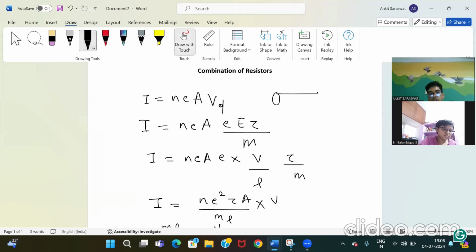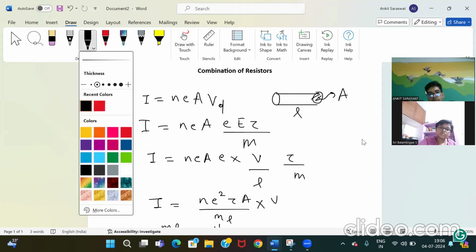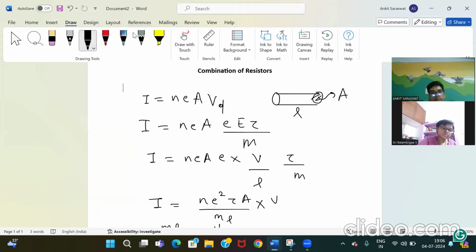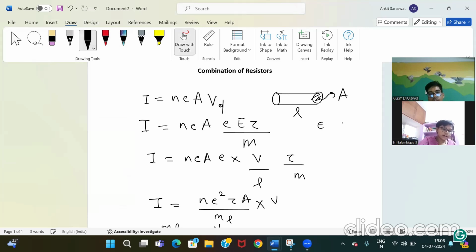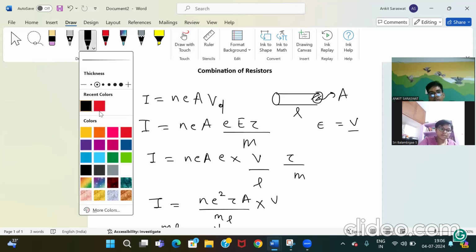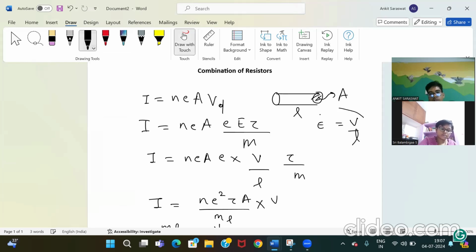So E will be V by L, and I is equal to n e square tau A V by ml. What is V? V is the potential difference across this conductor.